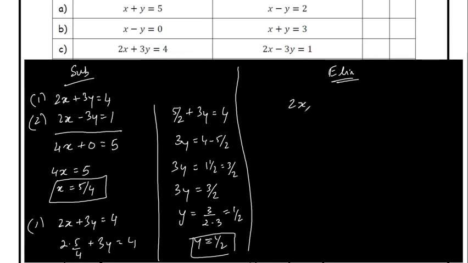Oh, my bad. I think I by mistake did the elimination instead of substitution. So that is the default way your brain functions.